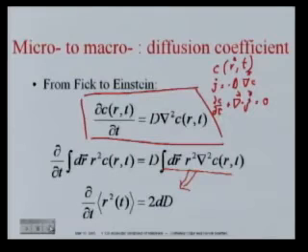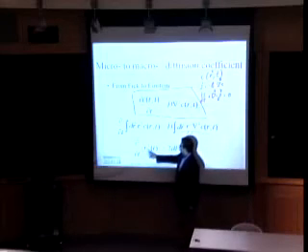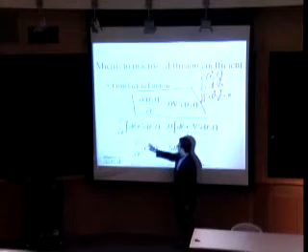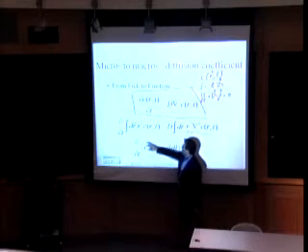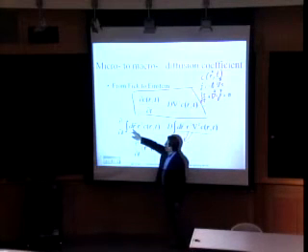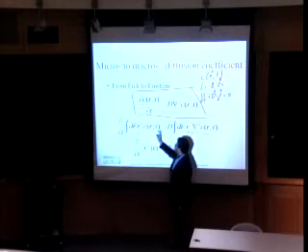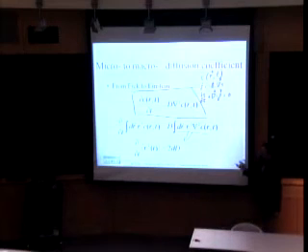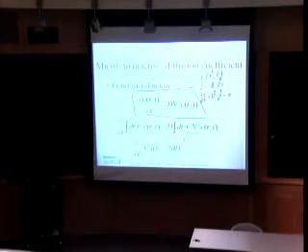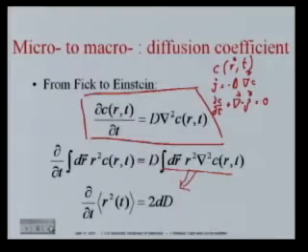Again, we won't go into how we prove this. What we have on the left-hand side, on the contrary, is the average value of r square. What we mean by this bracket is the integral over all space of r square times the probability. The concentration is identical to the probability of having a certain particle in a certain position at a certain time.